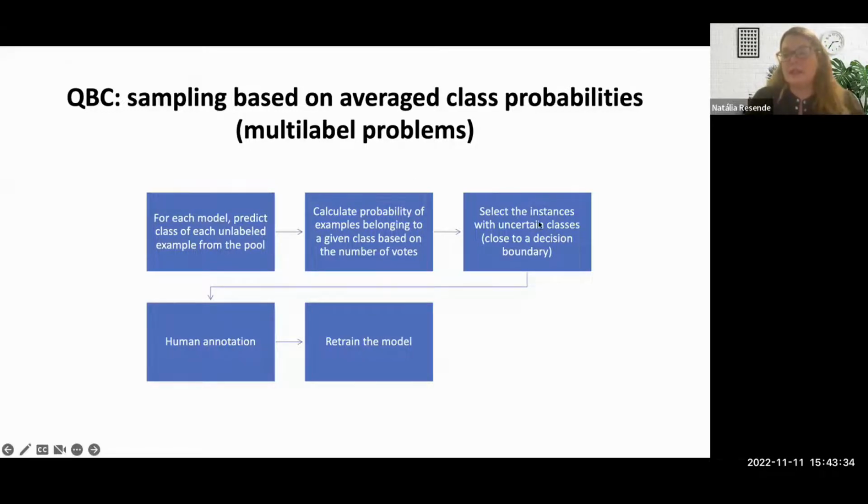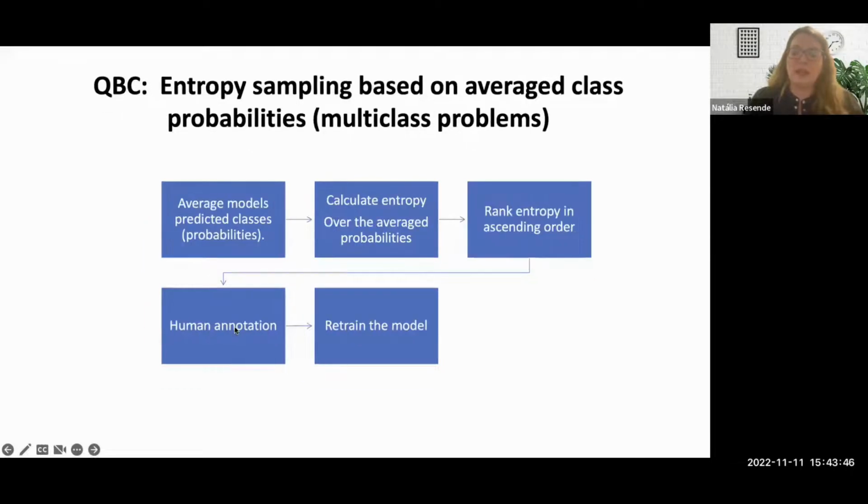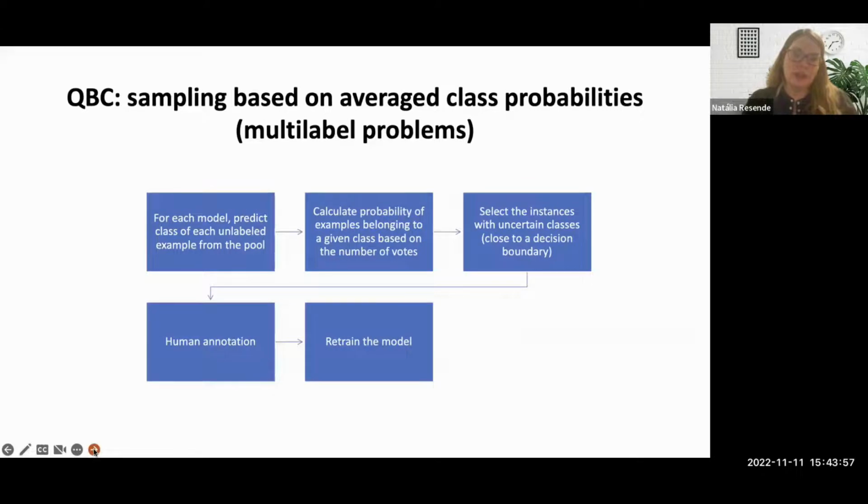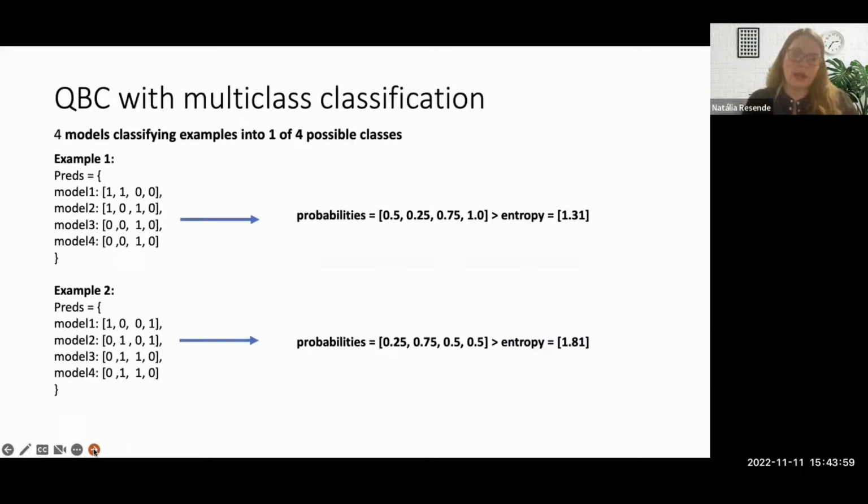After selecting these instances, we present them to the human or the user for annotation. Then again, these newly labeled data are sent to the model, and the model is retrained. So I'm going to show you an example code. I think it's going to be more clear here. So for instance, we have 4 models here.